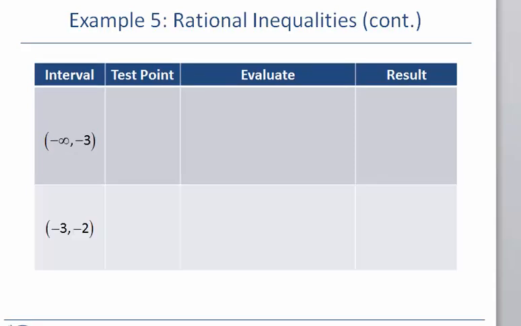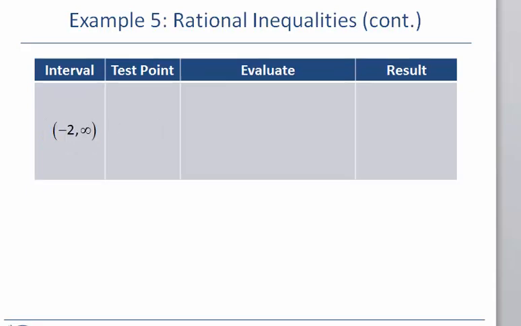And we're going to pick a test point in each section. So I might choose x is equal to negative 4. I might choose x is equal to negative 2.5. And I might choose on this last one, x is equal to 0.